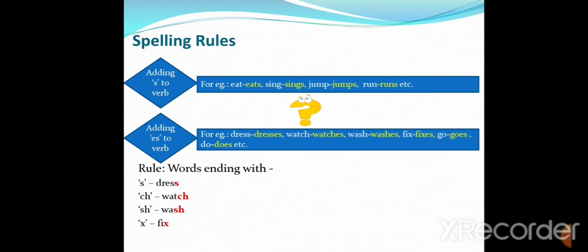So for that also we will add ES. You need to remember this, students, that words ending with O having consonant G or D before O, like the words go and do, we add ES to that and we get goes and does respectively. I hope this is clear. It's very simple. Now let's look at the other two things which you need to remember.